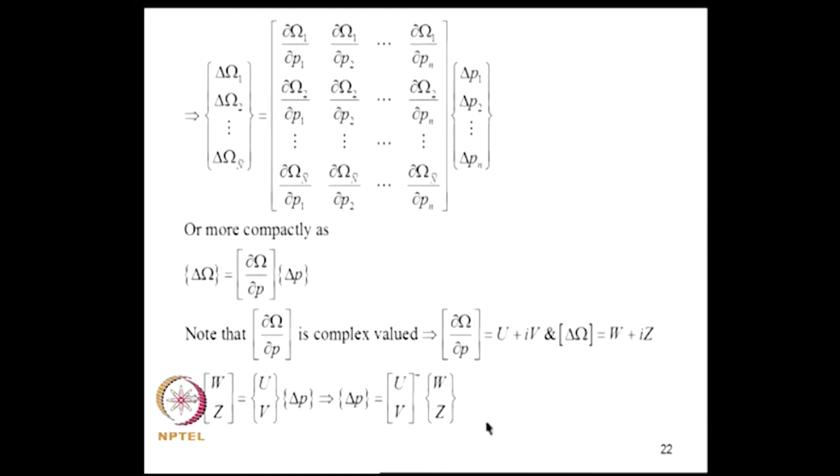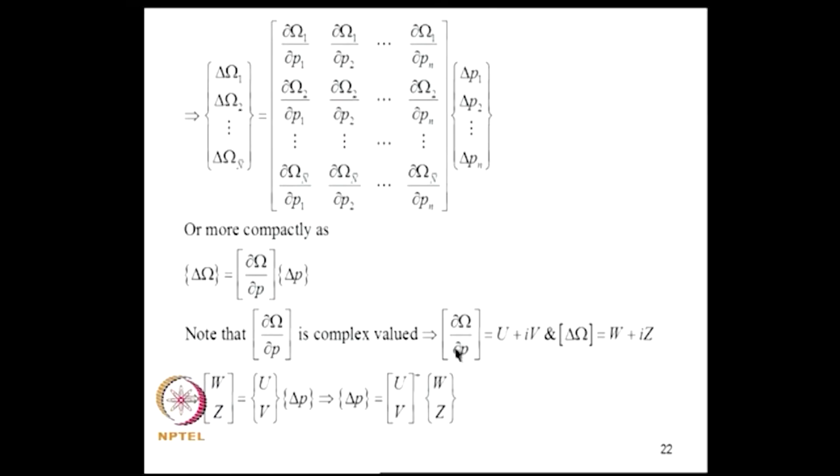So if you are going to use only changes in natural frequencies for updating, you get this updating equation. These are changes in delta p, this is changes in the natural frequencies, complex valued, and this is the gradient matrix that you have to evaluate from your FE model. More compactly I can write it as delta gamma as this.